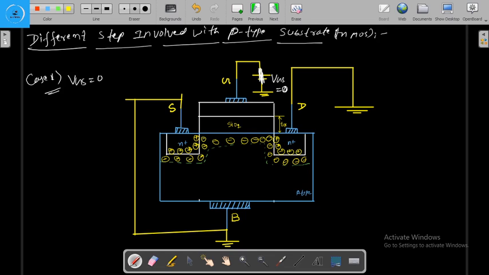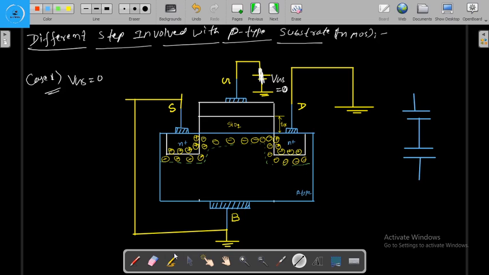So here we have two capacitors. This is the gate oxide capacitor, and this is the depletion region capacitance.